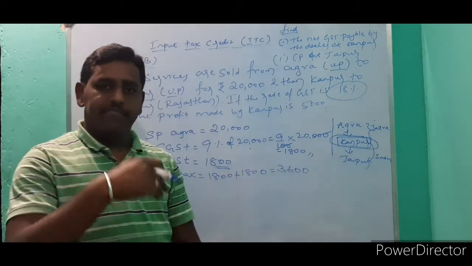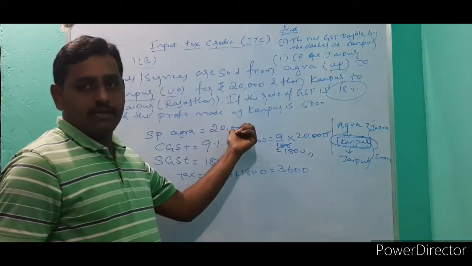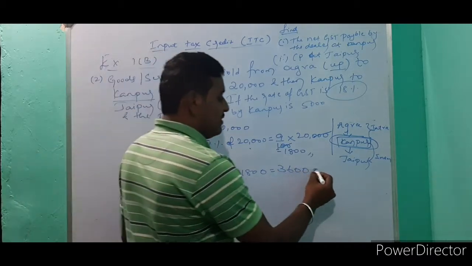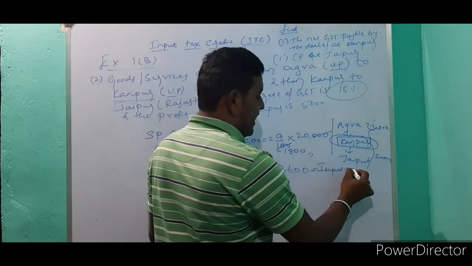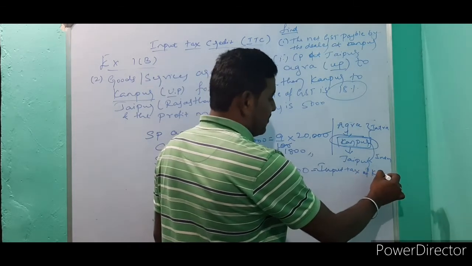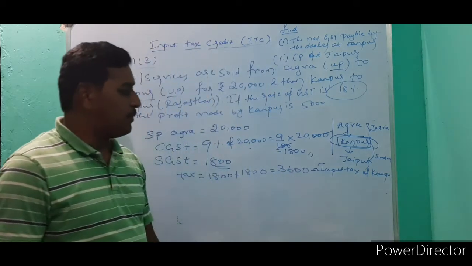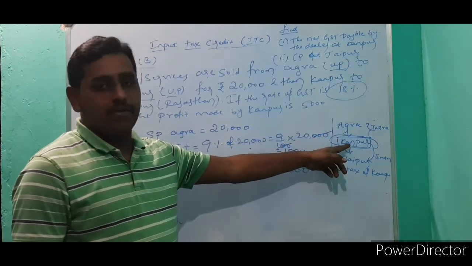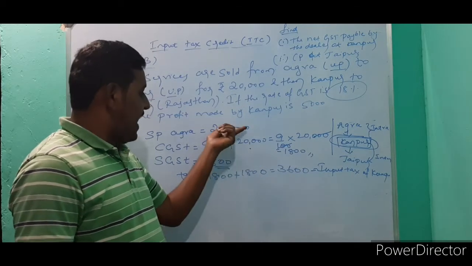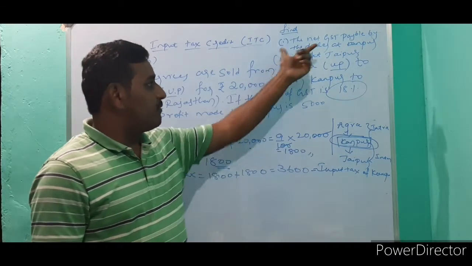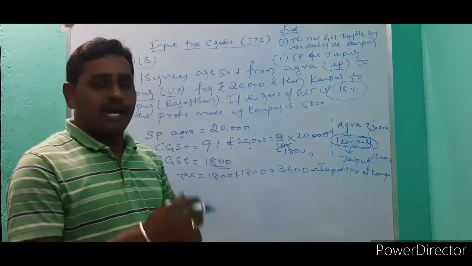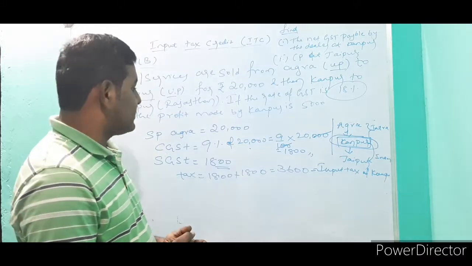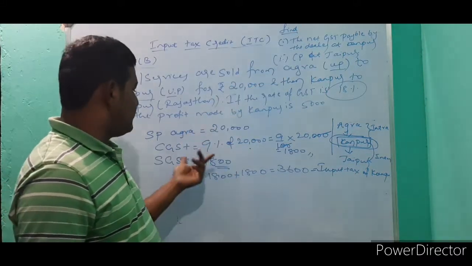This is already added in the amount 20,000. That's why we are finding the tax separately. This is the input tax of Kanpur, or the output tax of Agra, since Agra is selling to Kanpur. So the 3,600 is added in this amount. For intrastate it means CGST and SGST.